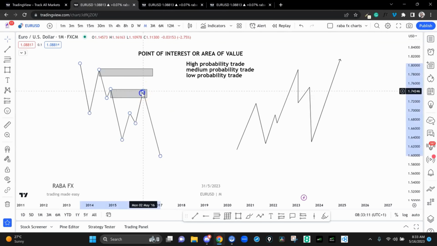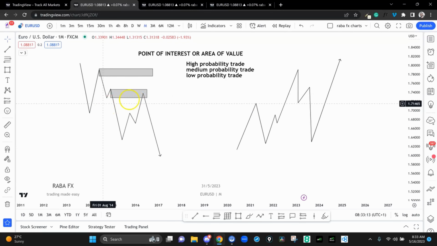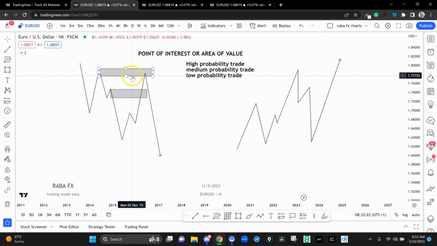So if I'm to take a trade there, I will adjust my risk according to a medium probability trade. Now the origin is a high probability trade. When price trades back to the origin and I'm about to take this trade, I will take it with more confidence, or with a higher degree of probability that this trade becomes successful.